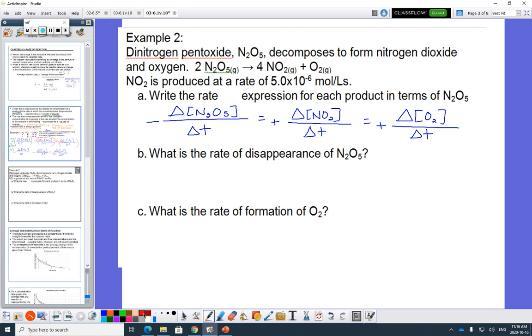So 4 is 2 times 2, yes? So that means that NO2 is being produced faster than N2O5. Again, there's a bunch of ways to do this. Whatever you put on the left, I recommend you leave this as a 1 and then sort of think how this relates to this. So the rate of N2O5, which is 2, how is that related to NO2? Is it half? Is it twice? Yes.